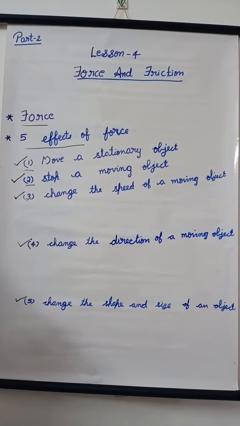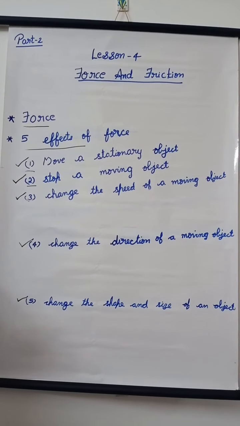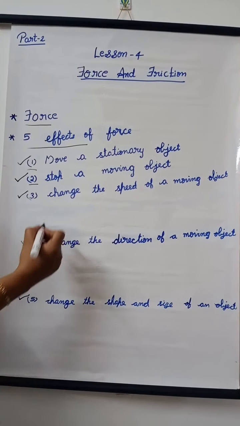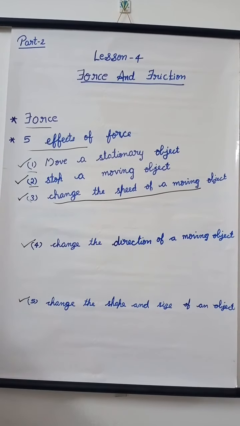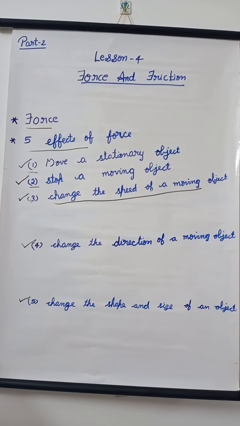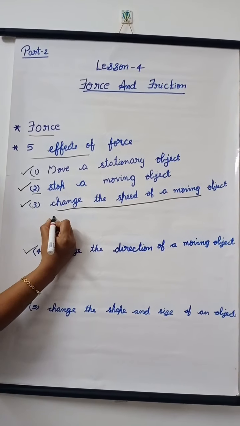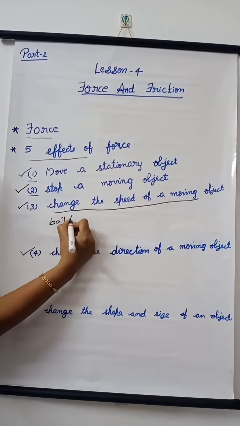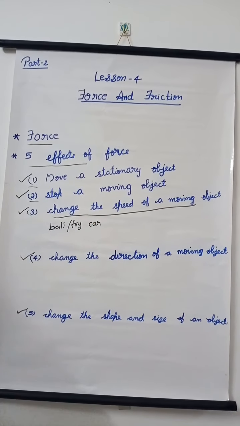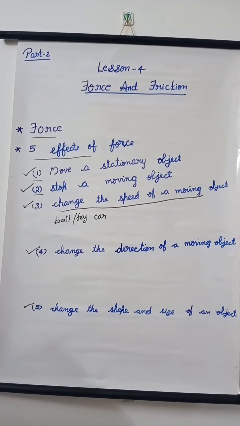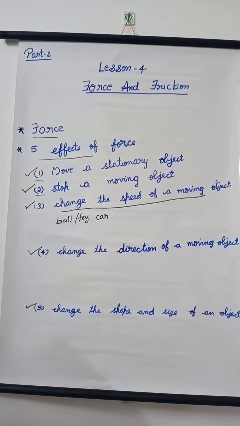Let's listen to the examples for the remaining effects of force. The third point is that a force can change the speed of a moving object. Just imagine that you are rolling a ball or moving a toy car on the floor.